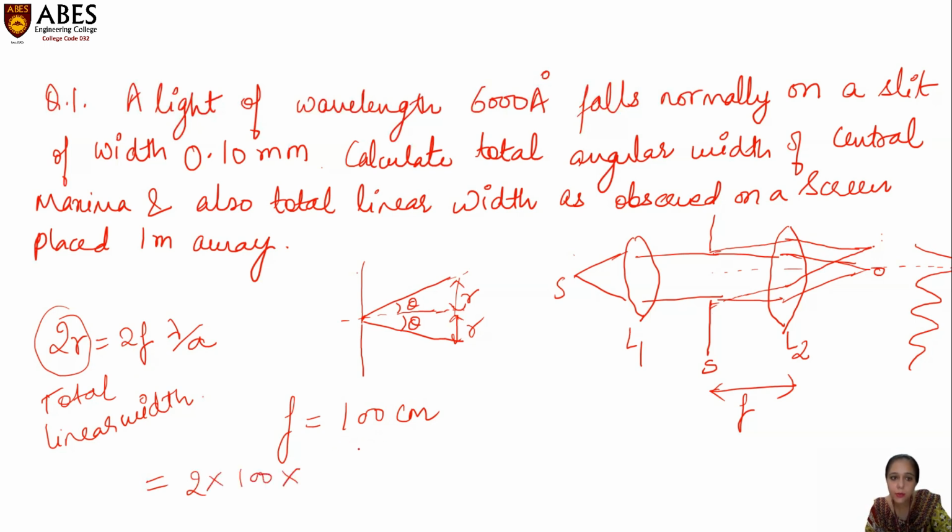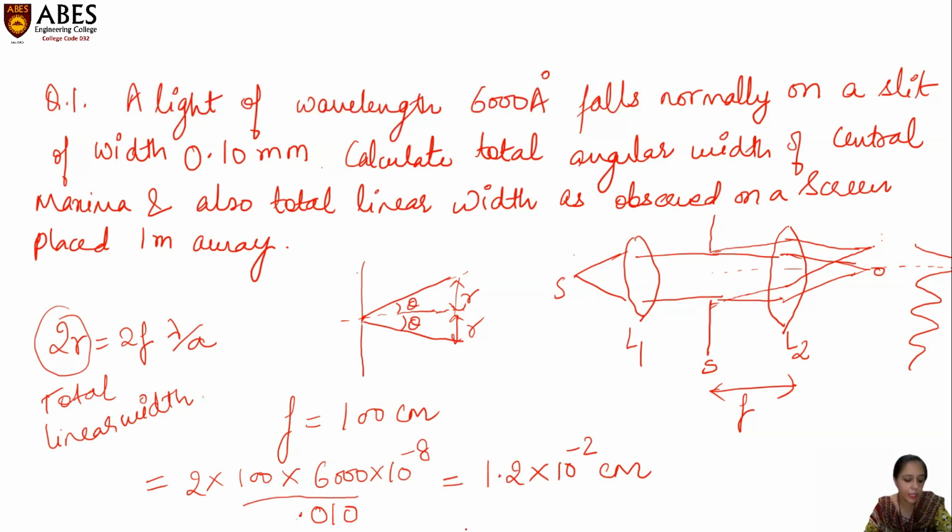Lambda is the wavelength, which is given as 6,000 angstrom, so we are going to convert it to centimeters. So it will be 6,000 into 10 raised to the power minus 8 divided by a. And what is this a? This is 0.10 mm, so this will be 0.010 centimeters. So 2R, if we solve it, will be 1.2 into 10 raised to the power minus 2 centimeters.